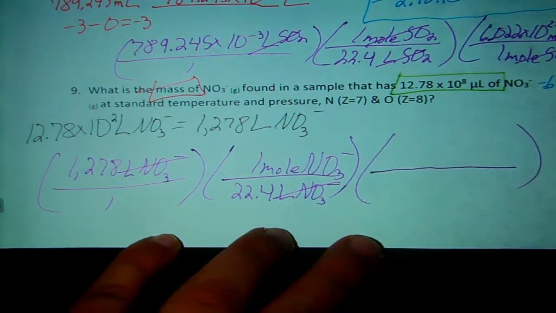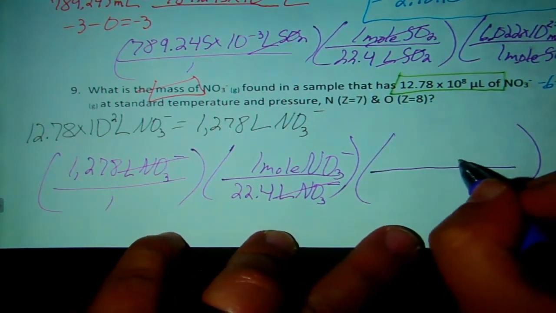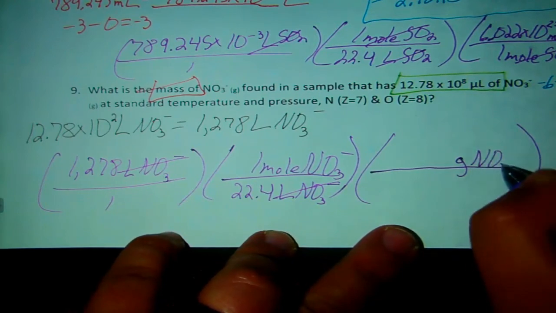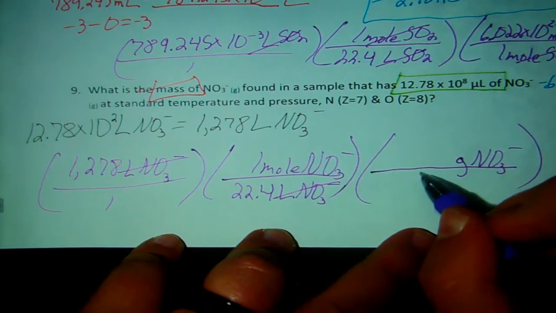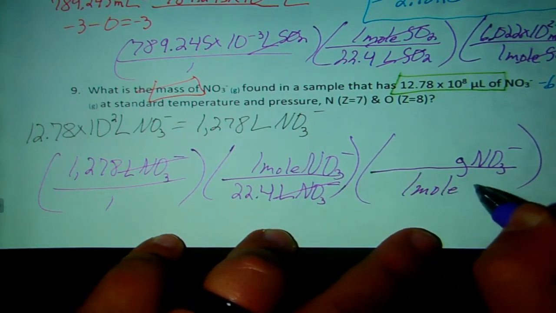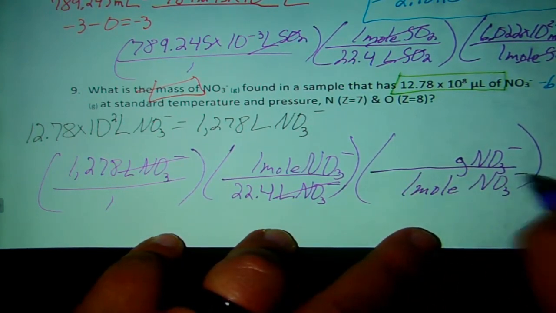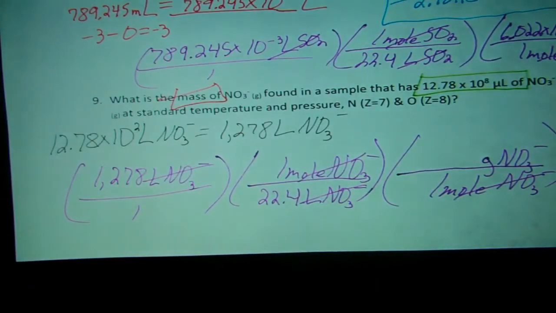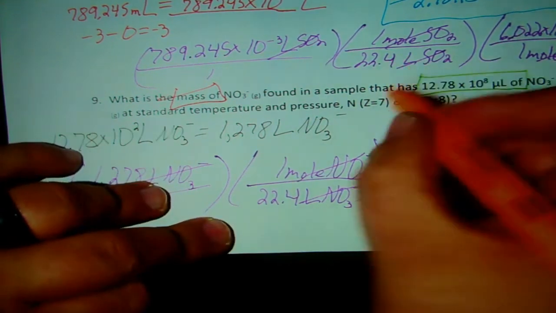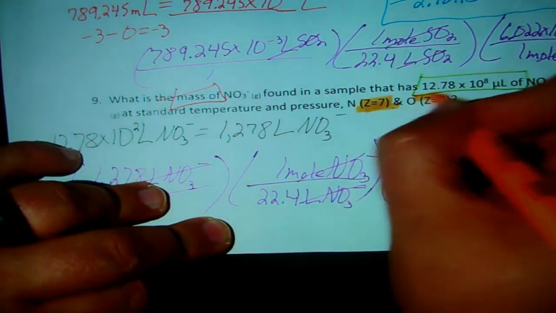Another conversion factor. Looking for mass, so that'll be grams of nitrate. And I'm canceling moles, so 1 mole of nitrate. Moles of nitrate will cancel. What goes in the blank there? You're right, ladies and gentlemen. Hopefully you're catching on to the fact that I've given you these atomic numbers.